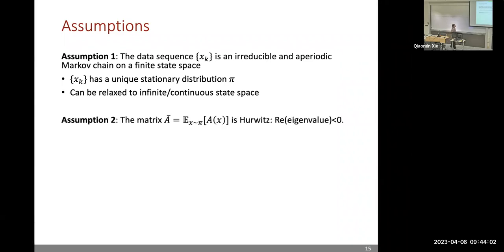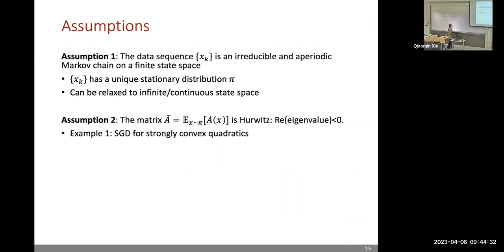The second assumption is on the underlying problem that we want to solve. In particular, we assume that the A bar matrix is Hurwitz. Hurwitz means that if we look at this matrix, all eigenvalues have negative real part. If the matrix A bar happens to be symmetric, then this condition basically says this matrix is negative definite.